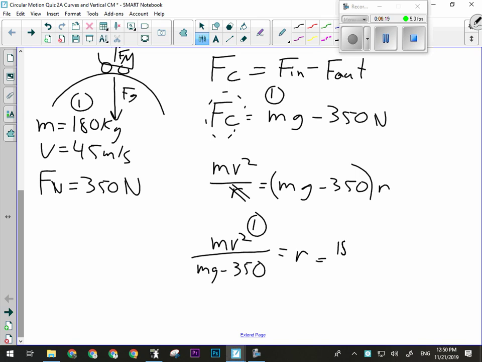We're going to plug in our numbers here. That's going to be 180 times 45 squared, divided by 180 times 9.81 minus 350. We have a mark for that.